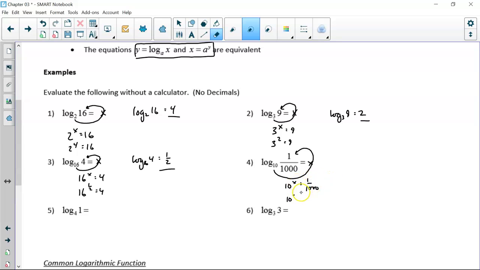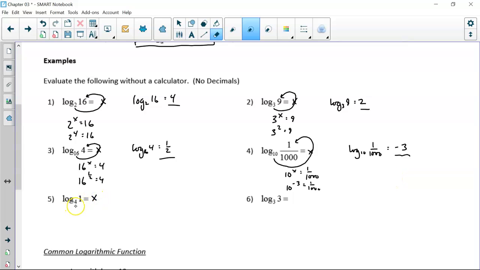To go from 10 to 1,000, it's a 3. So 10 to the negative third is 1 over 1,000. So log base 10 of 1 over 1,000 equals negative 3. That's our value.